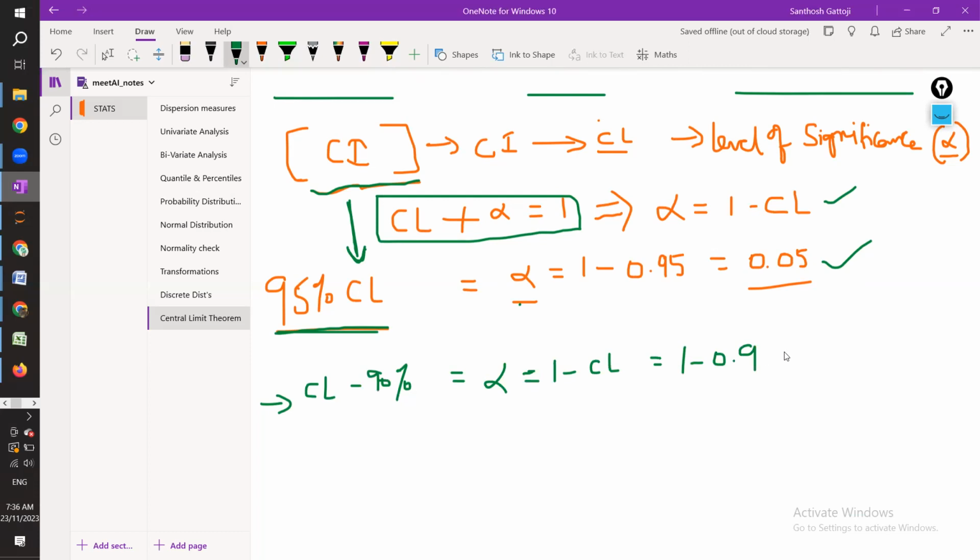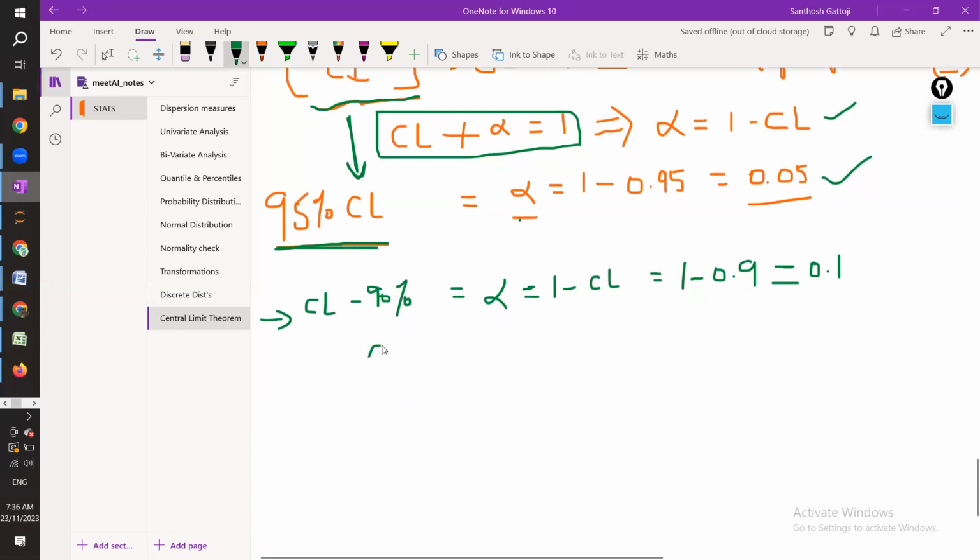That means this will be 0.1. So for a 90% confidence level, you will get a 0.1 significance level, 0.1 alpha.